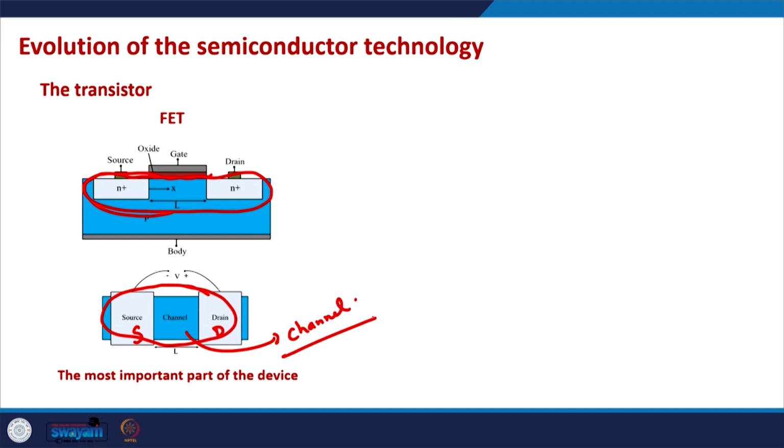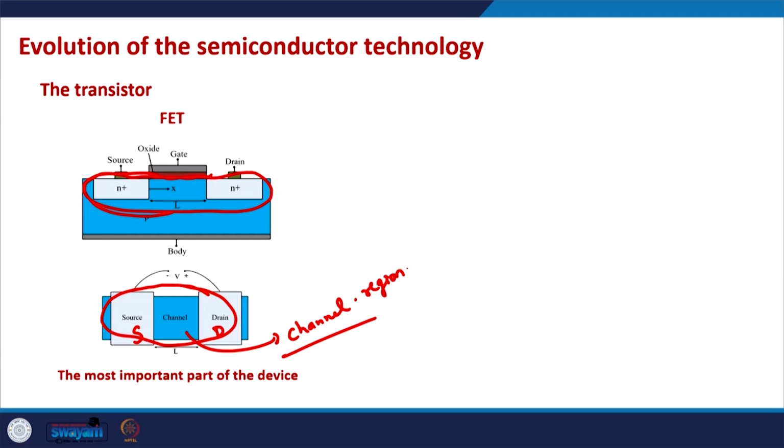Although the gate is also quite important, because the gate controls the electric field in the channel and sort of switches on or off the current in the channel, generally very interesting physics takes place in the channel region, and that is what we will try to understand in this course.